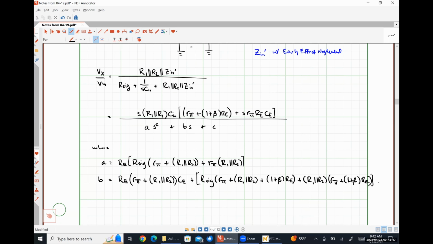And all of that was multiplied by Cn, or everything in the brackets was multiplied by Cn.